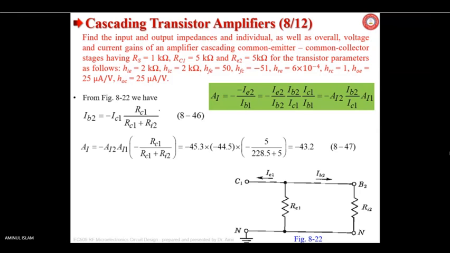IB2 can be found from this figure: IB2 equals minus IC1 into RC1 divided by RC1 plus RI2. It is clear from this. Is it understood? Yes or no? That day I was telling, I have drawn and told, so not to waste time. So AI1 can be written as this, and finally you get AI1 equals minus 43.2.